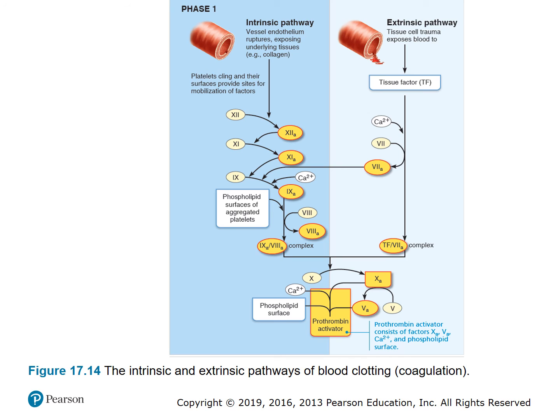You can see the extrinsic pathway is much faster because it produces this tissue factor, and this complex is going to activate X, and then eventually we have a prothrombin activator, which consists of factors Xa, Va, calcium, and a phospholipid surface. Of course, you don't need to know these pathways.